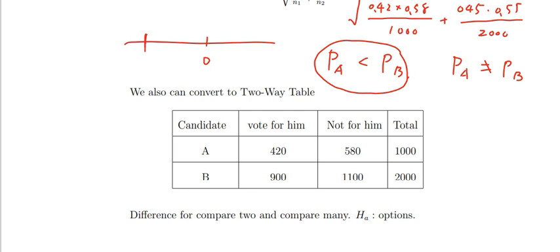Totally 1,000. Vote for him is 420, not vote for him is 580, right? For B, vote for him is 900, not vote for him is 100, right?